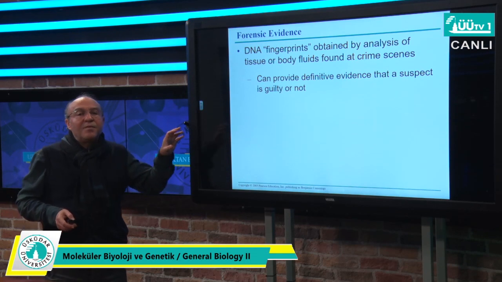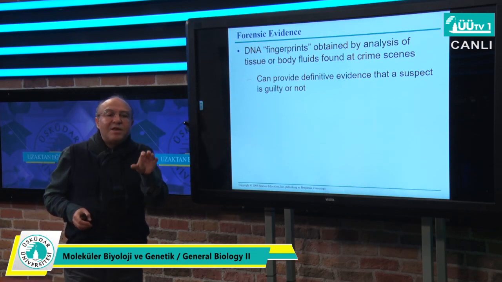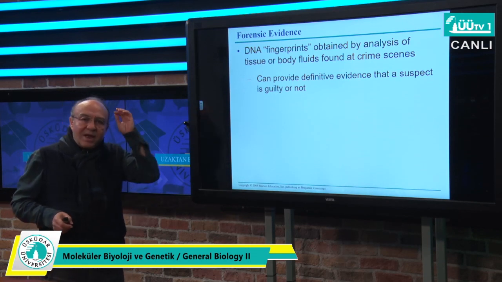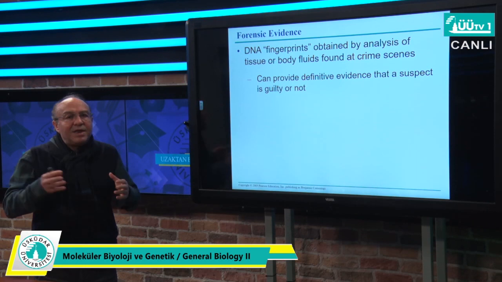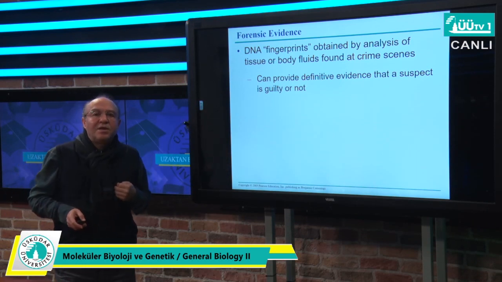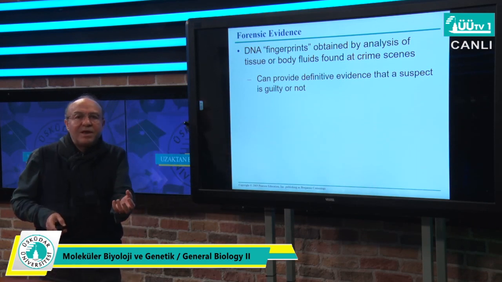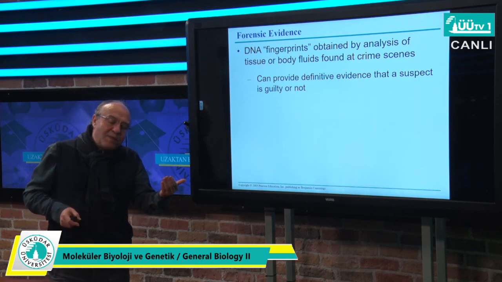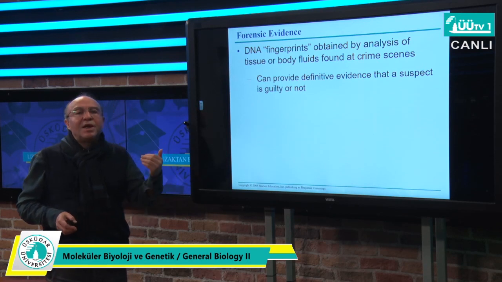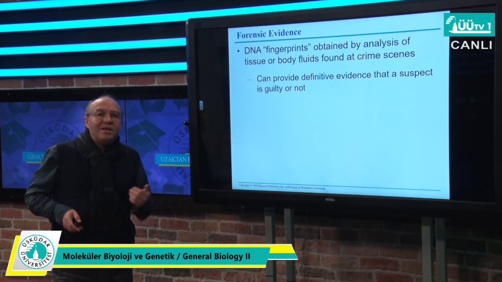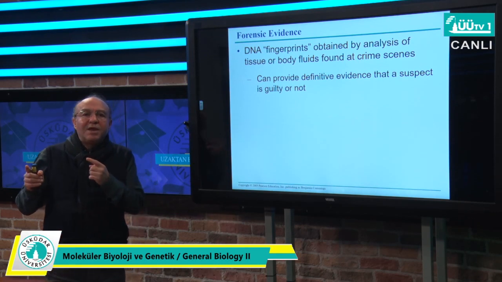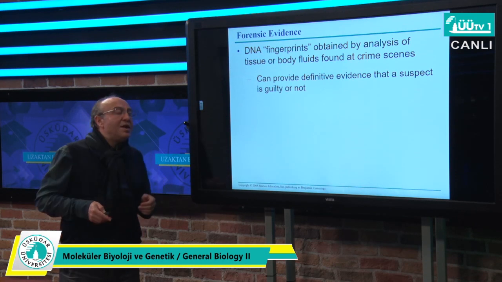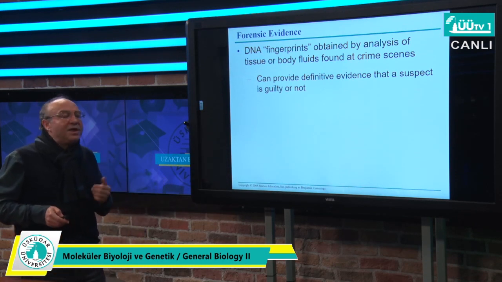If the real guilty people leave any evidence like hair parts or anything, from this evidence we isolate the DNA and multiply it, then look at the STRs and compare them with the guilty or non-guilty people, and we really find the real guilty ones.